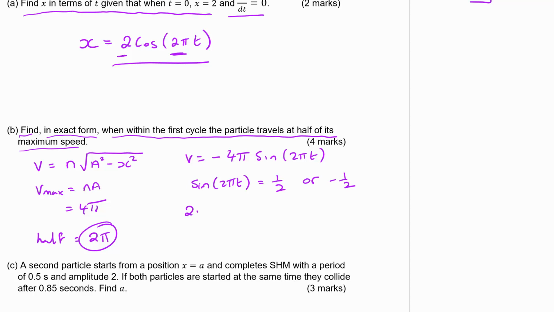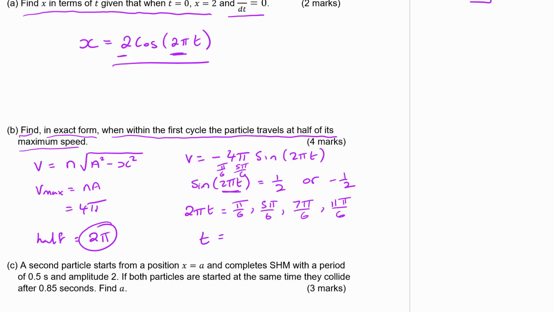Remember, sine is equal to a half at the angles π/6 and 5π/6. And it's negative a half at 7π/6 and 11π/6.